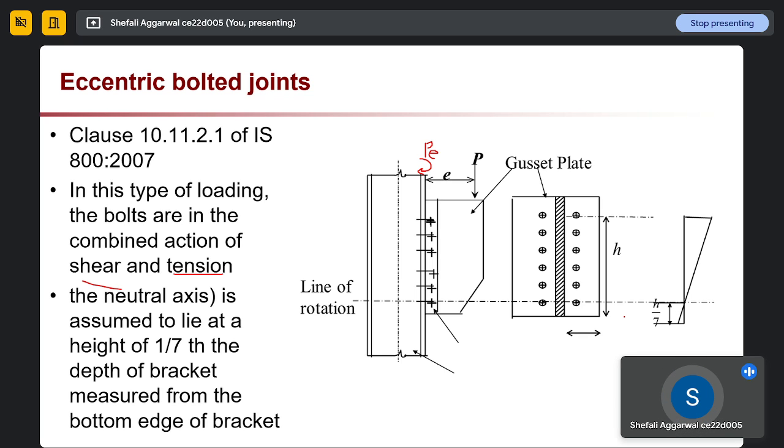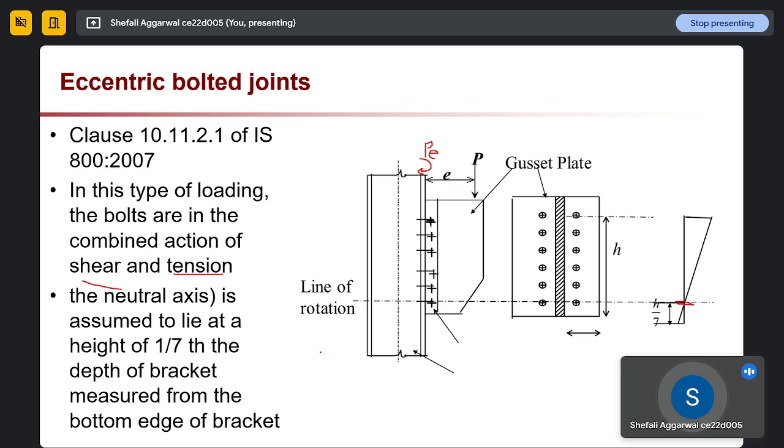In the case of our bolted joints, when a load is applied in the perpendicular direction, the neutral axis will not be in the center, right? It will be at some point h by 7 from the base. Why is this the case? Because of the cross sectional area.